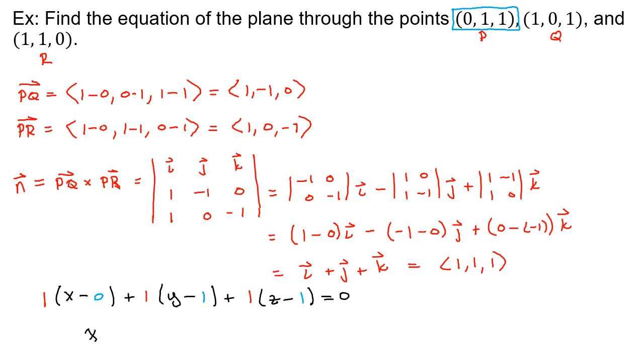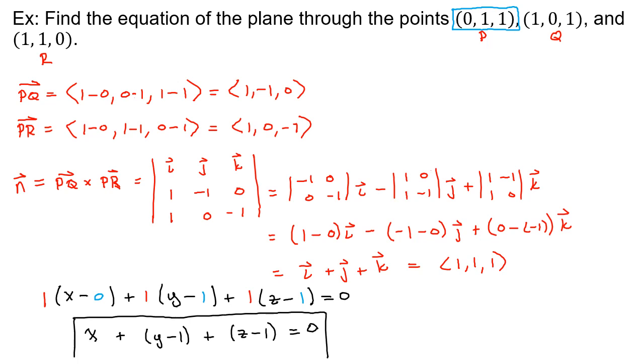So this is x plus (y minus 1) plus (z minus 1) equals 0. That is the equation of the plane.